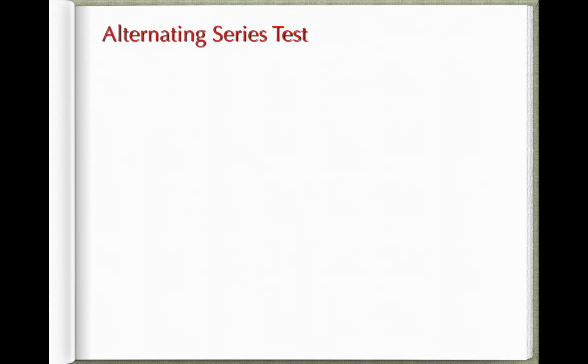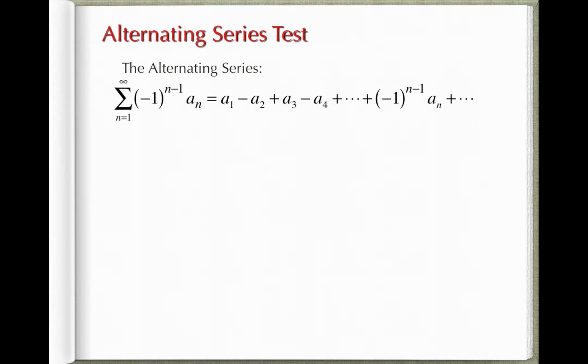Essentially, it says the following. If you have some kind of alternating series, it always has this particular characteristic where you have (-1) to some kind of exponential power. It may be n-1, it might be n, it might be n+1. It's this particular term that's multiplying your series a sub n.